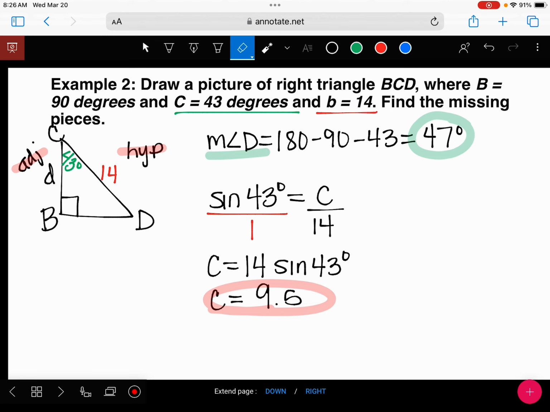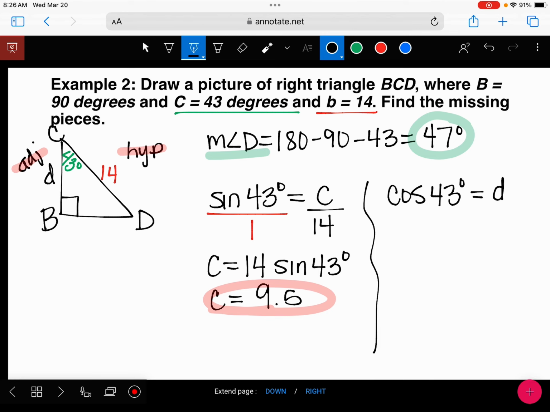So adjacent and hypotenuse would be what ratio? Who agrees with Jasmine, who says it's cosine? Okay. So we have cosine of 43 degrees equals adjacent over hypotenuse. So D is equal to 14 times the cosine of 43.